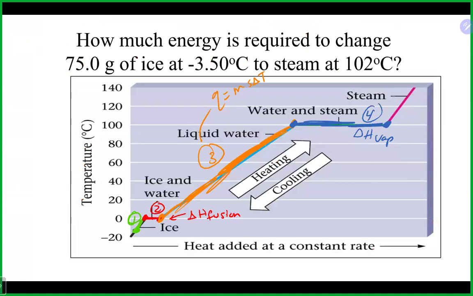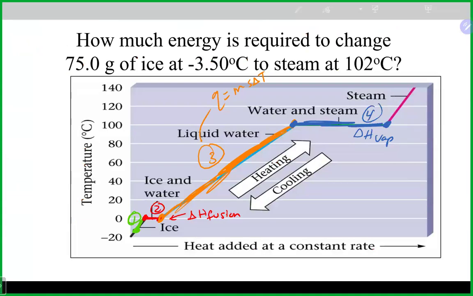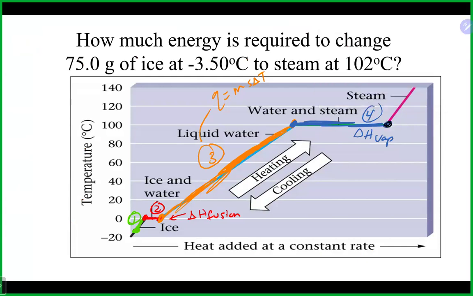We are close, I think. We are now sitting at steam at 100 degrees. So the last thing we need to do is take it from steam at 100 degrees to steam at, what was it, 102 degrees. So this again is same phase, changing temperature, back to specific heat capacity and the specific heat equation.